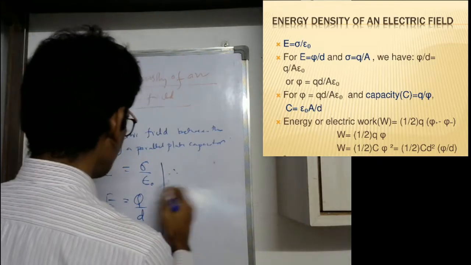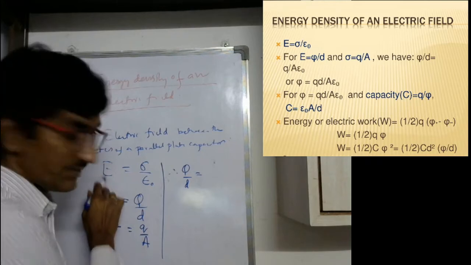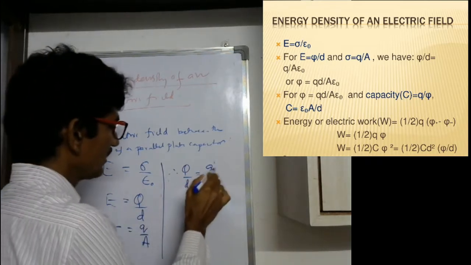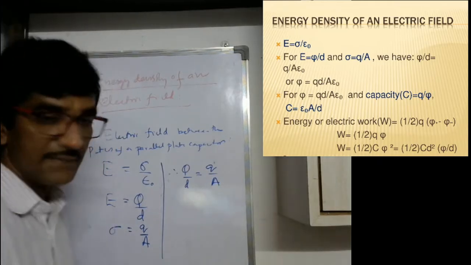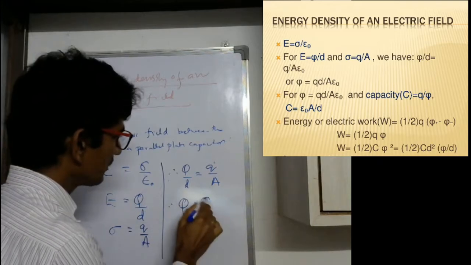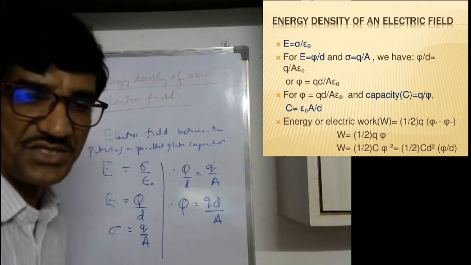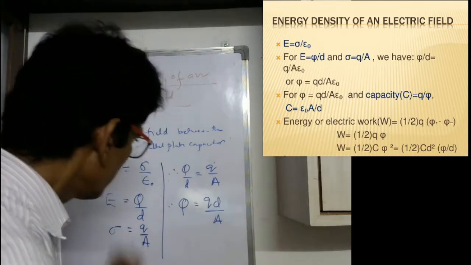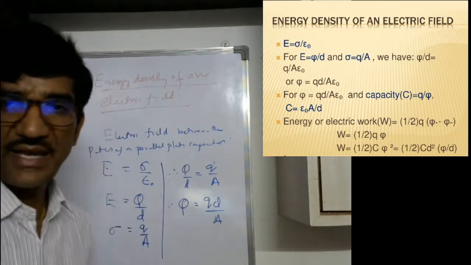In place of E we write phi by D, and in place of sigma we write Q by A. Then you get phi, the potential, is equal to QD by A.